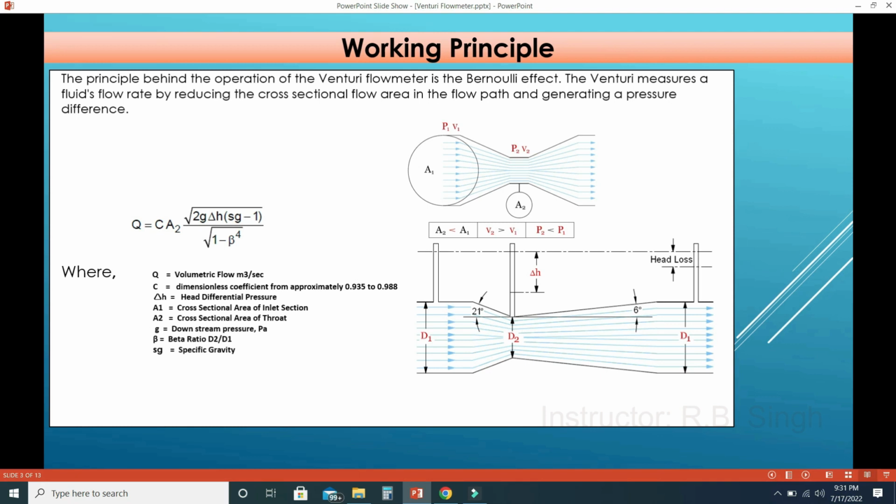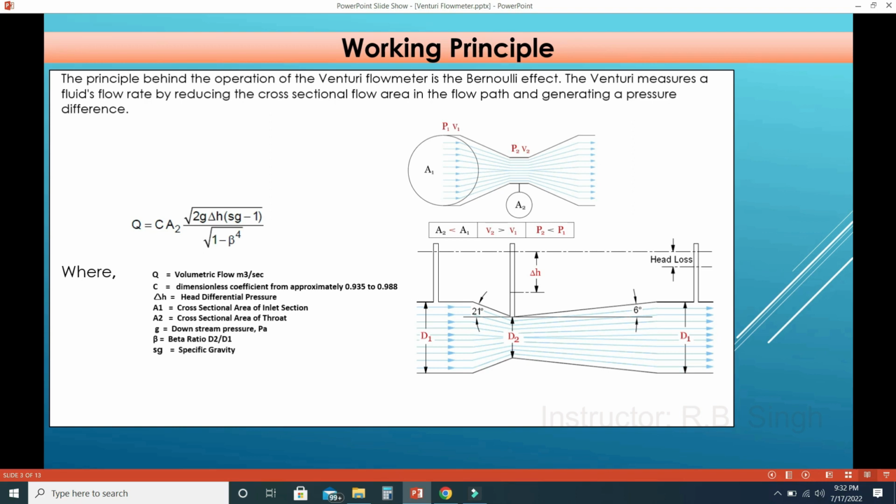difference. Just like an orifice meter where we reduce the cross-sectional area of the orifice which is called bore where pressure will be decreased. So there will be difference in pressures because upstream pressure will be more and downstream pressure will be less.